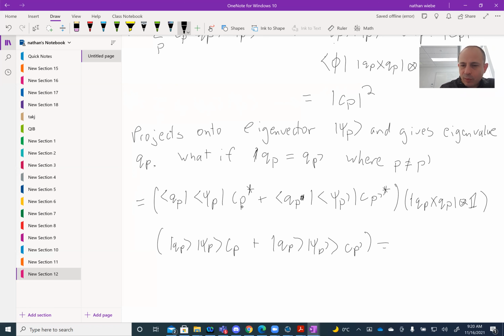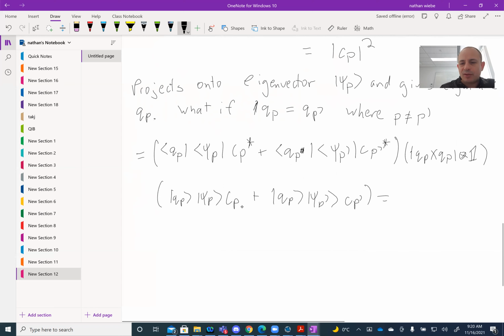Okay, and this, when we multiply through and use the orthogonality properties of ψ_p and ψ_p', because these two are orthogonal to each other, is actually just equal to the absolute value of c_p squared plus the absolute value of c_p' squared.